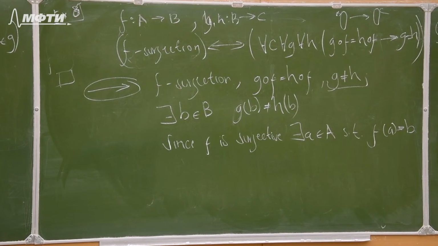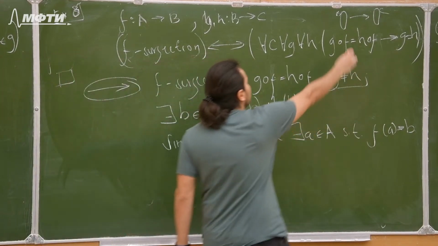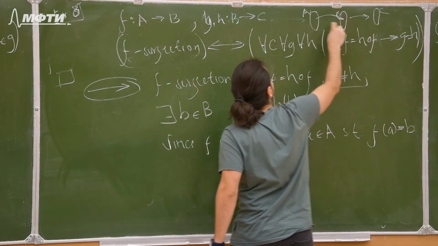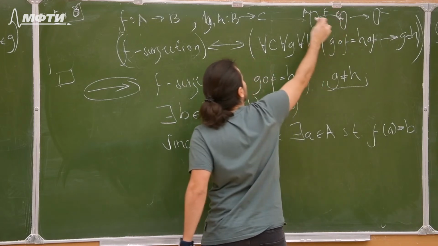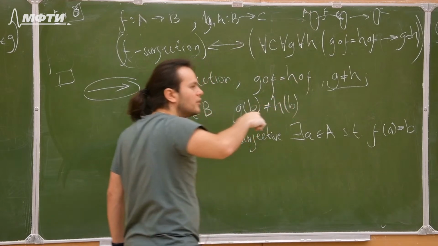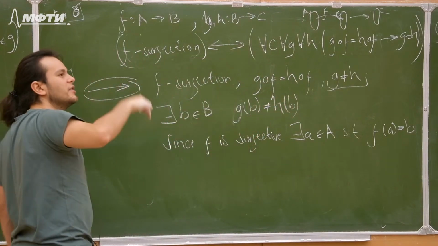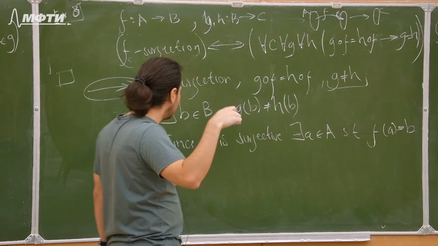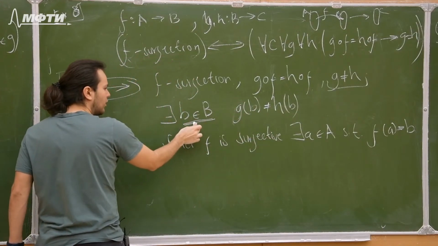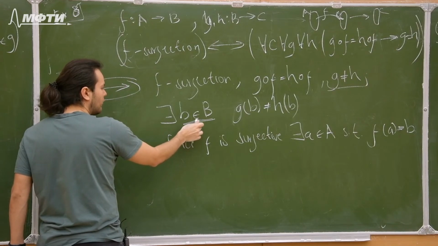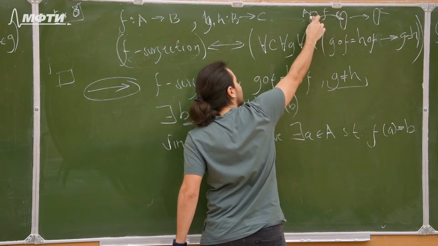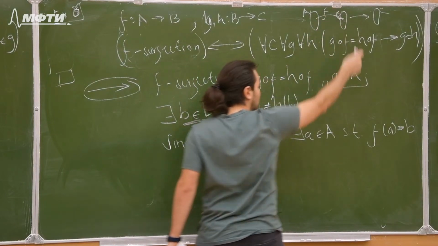Right, so we have here b and c, and here a, and f is a function from A to B, and f is surjective. It means that for this b, there exists some a such that f of a is equal to b.